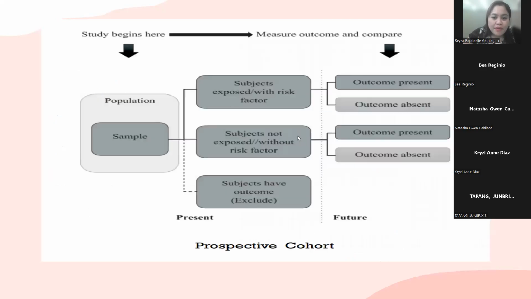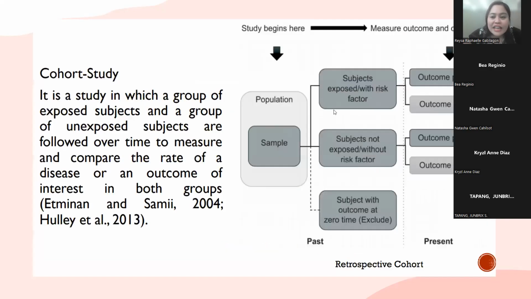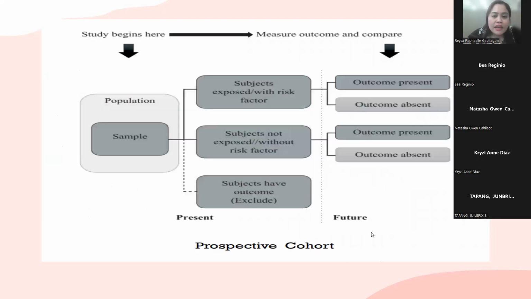Okay? Pwede din namang prospective cohort. Medyo matagal nga lang ito kasi itong retrospective cohort, mag-e-end yung study mo at the present time. So, babalikan mo lang yung past. Ito, magsa-start ka talaga sa present. Example lang, cancer pa rin, no? Yung mga grupo ito ng mga nagsusmoke ngayon and then grupo ng hindi nagsusmoke.